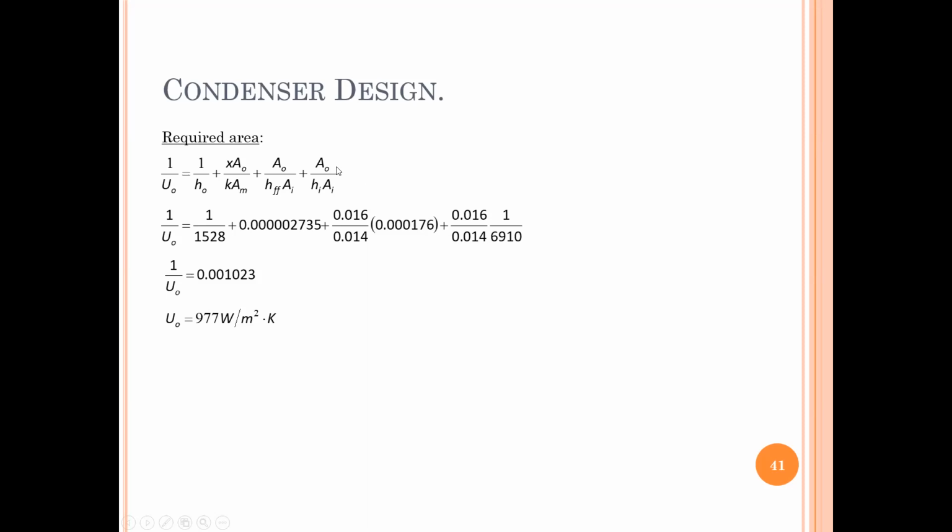Okay? Bakit area tapos relation natin yung diameter? Kasi yung area is pi times diameter times the length, so makakansel yung pi sa length. So 1 over U_o is equal to 0.001023, or U_o is equal to 977 watts per meter squared Kelvin. So this is now the U value.